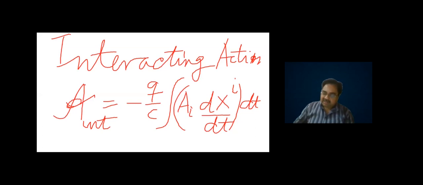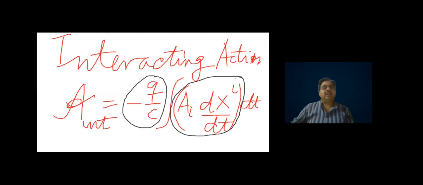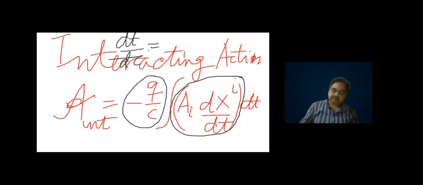Now this dt, this Lagrangian has now become the whole thing, that is, this thing multiplied by minus q by c is the Lagrangian, right? Now this dt looks a bit odd here in the denominator, so you can convert it into d tau, right? And what is the relation between d tau and dt, we have already done before: there are two types of time, one is coordinate time and the other is proper time. Coordinate time runs according to the coordinate system, and proper time runs according to the particle's own clock. So we know that there is a connection, and the connection is that dt by d tau is gamma, right?